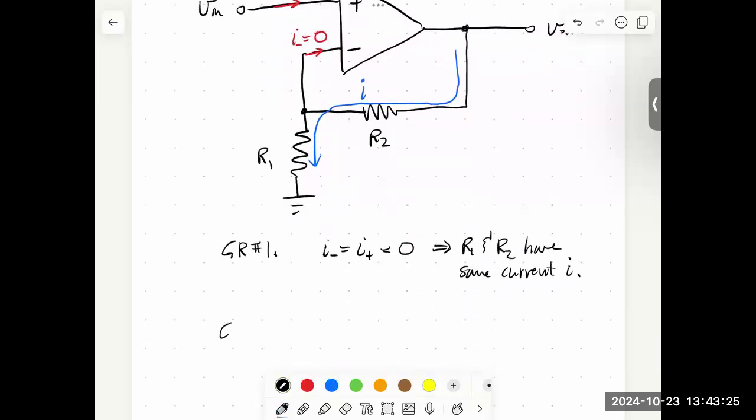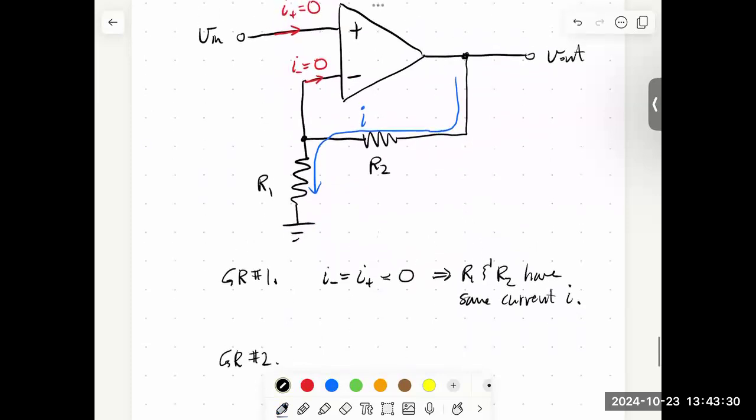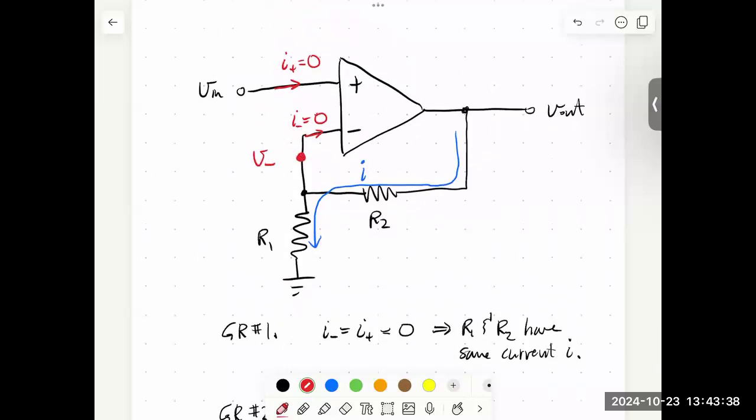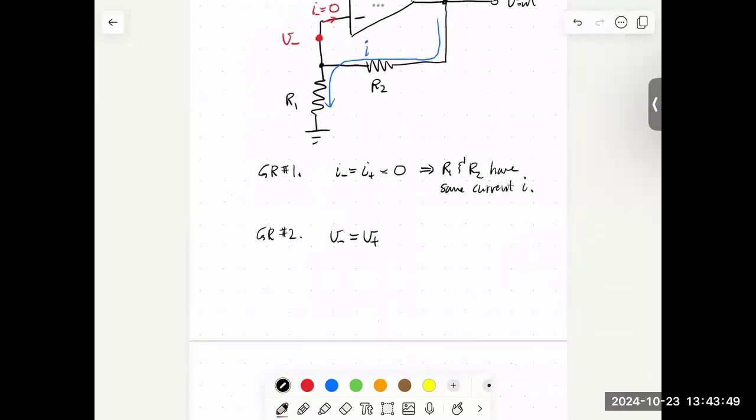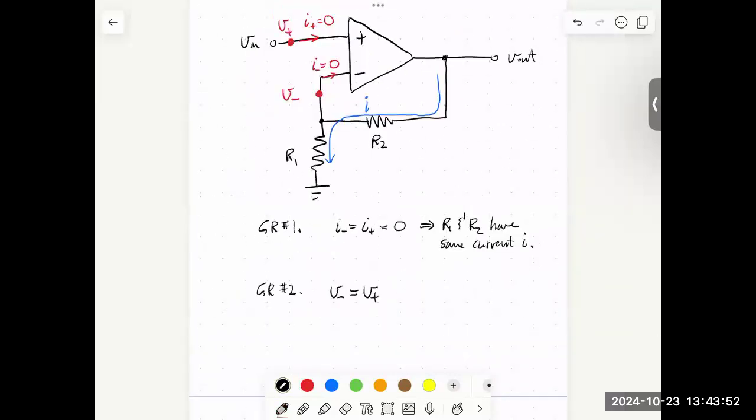Okay, golden rule number 2. All right, so what golden rule number 2 says is there's a node here, and that voltage is V minus, and then there's a node here, and that voltage is V plus. So golden rule number 2 says that V minus is equal to V plus. So what are V minus and V plus equal to in this circuit?